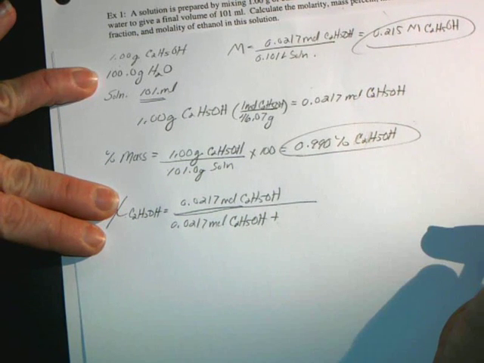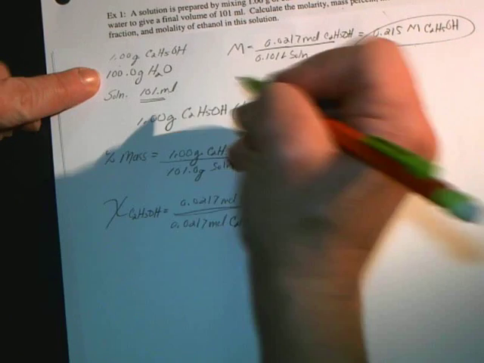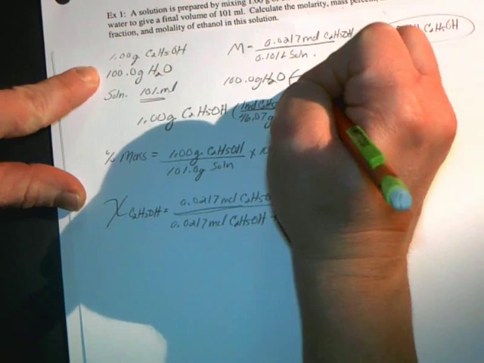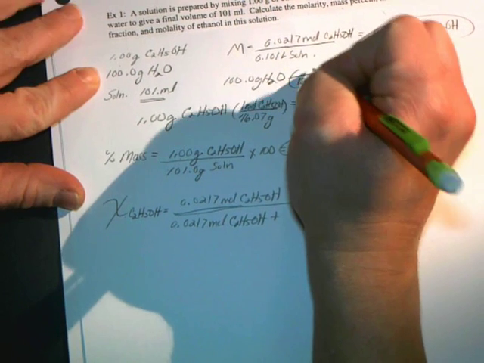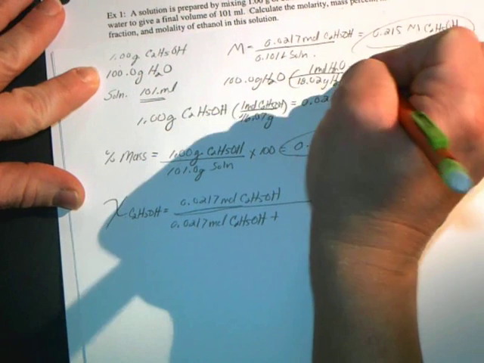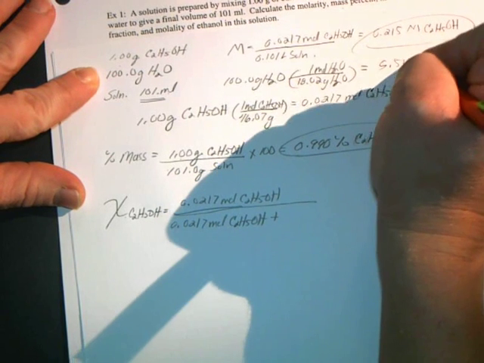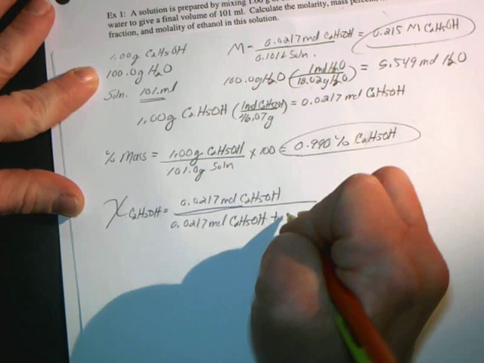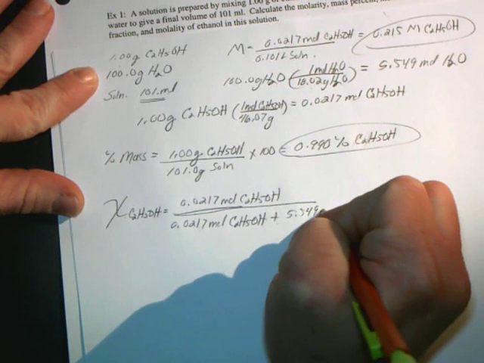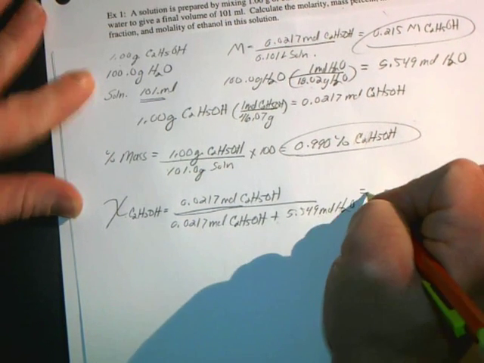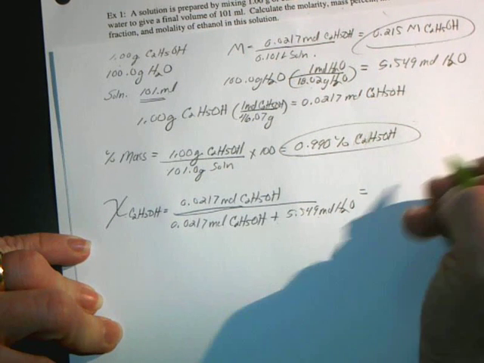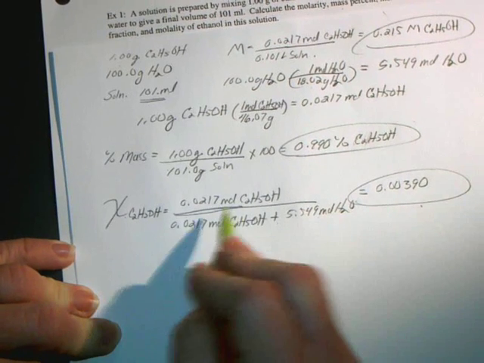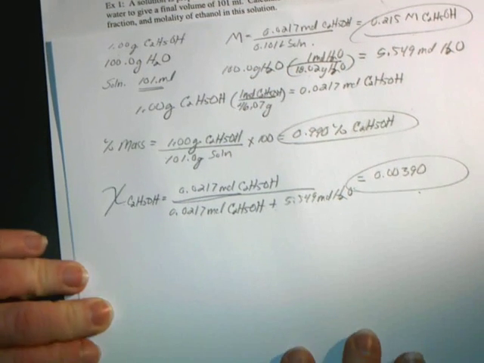So what we'll have to do is convert ourselves from 100 grams of water to moles of water. And this is 5.549 moles of H2O. And the mole fraction in terms of our solute, 0.00390. And remember that there is not any unit on that. It's simply a numerical ratio.